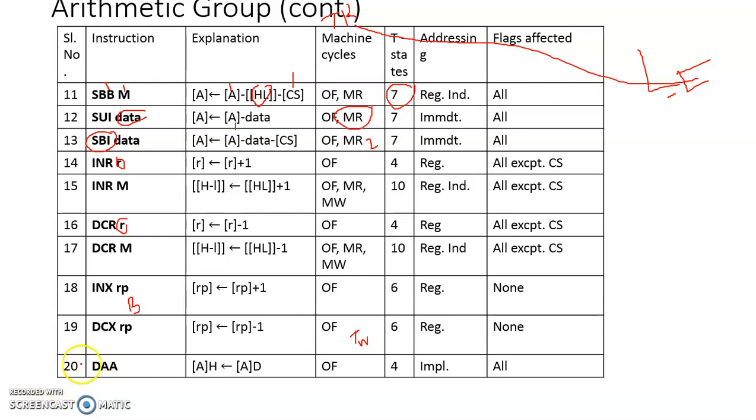Now the last one in this category, arithmetic group of instructions, that is decimal adjust accumulator. 8085 microprocessor is a processor that has a word length of 8. So often the content will be coded with the help of hexadecimal code, so that all the operations that we perform will be performed over hexadecimal numbers, and the result present in the accumulator will be a hexadecimal result.